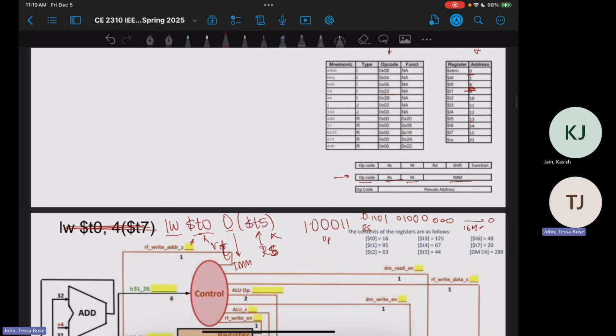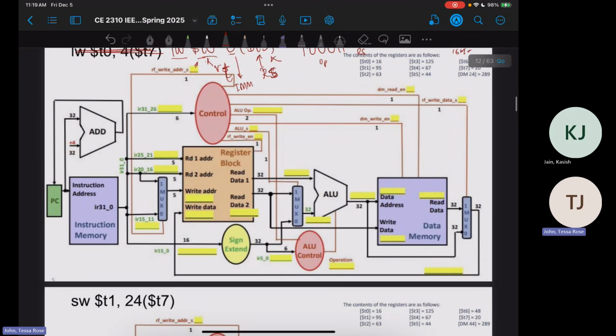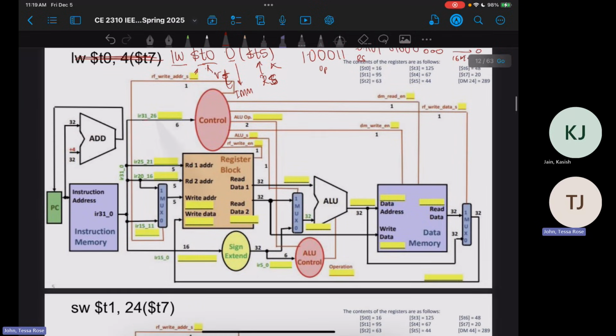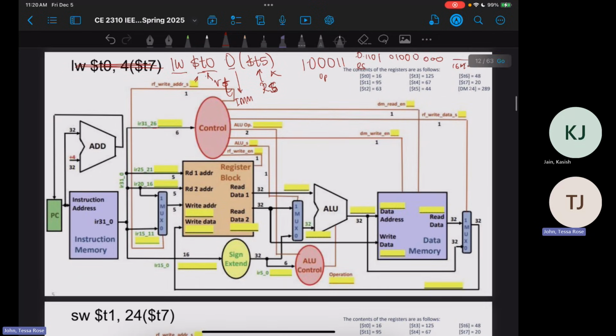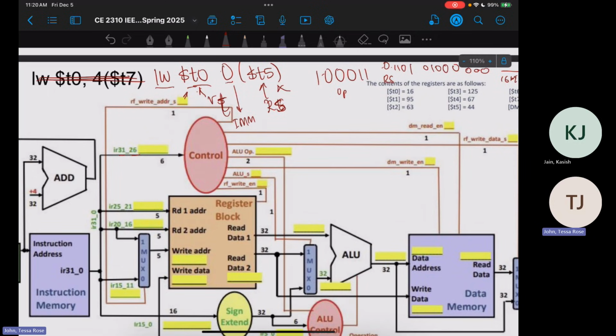And so to write it in the equation, you see how they give the numbers? We just take whatever the numbers are in that placeholder. Since we're writing to T0, the enable is 1.